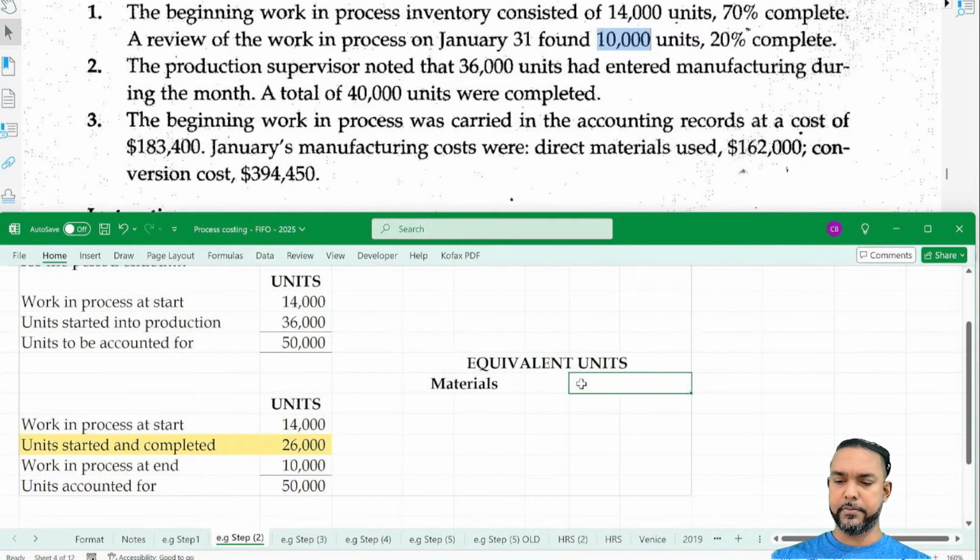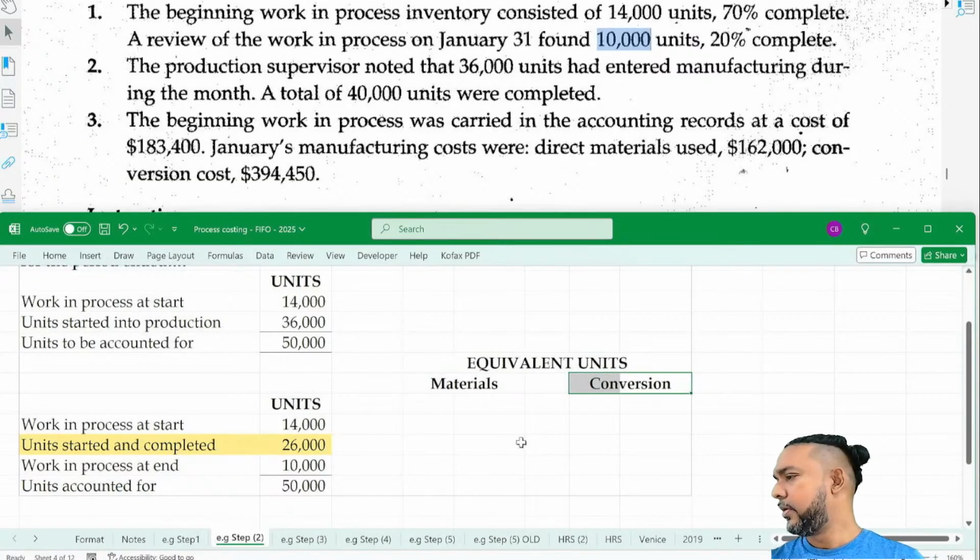Oh, gotta unmerge. And conversion. So equivalent units, materials. All right, I'm fine with that. Okay, lovely.